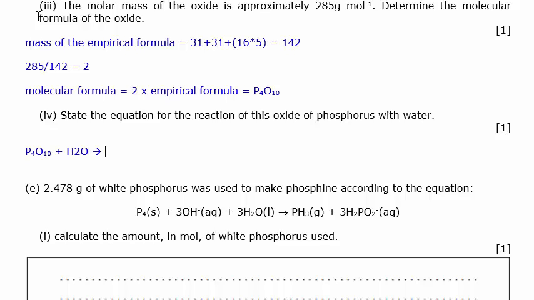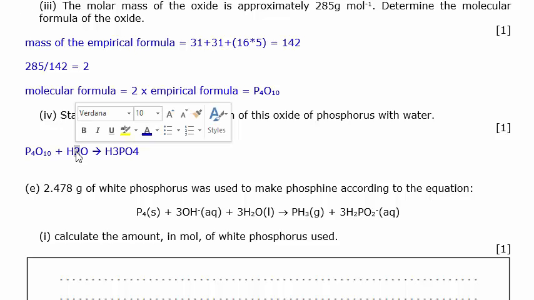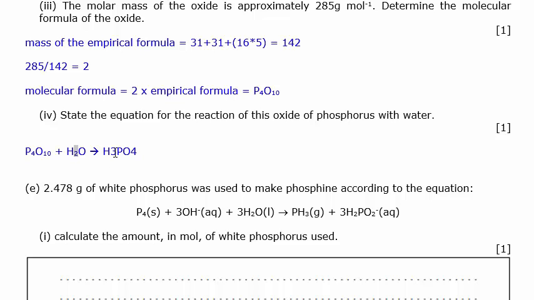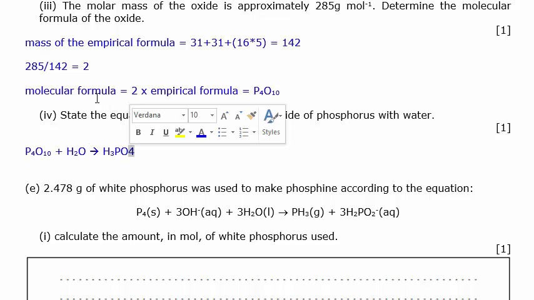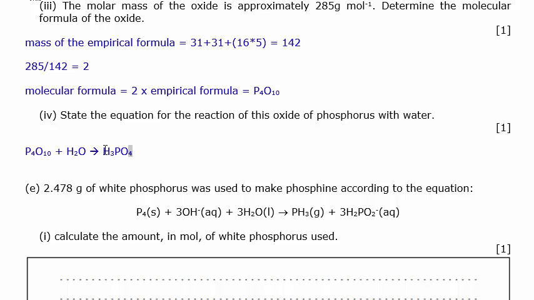Well, we need to know really that it gives the acid which has phosphorus in the 5 oxidation state, which is H3PO4. Now we have to learn this formula for phosphoric acid. Like sulfuric acid is H2SO4, phosphoric acid is H3PO4. We have to learn it.